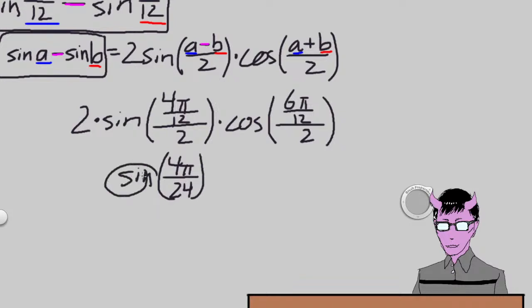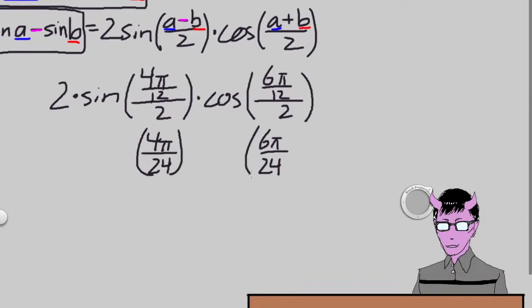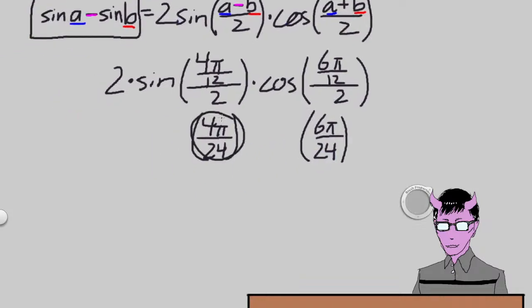Technically I'm going to avoid writing this because this one is further simplifiable. So this one right here, again, the 12 times 2 is 24. And again, these ones can be further simplified. So divide by 4, leaving us with pi over 6. That's in the sine function.